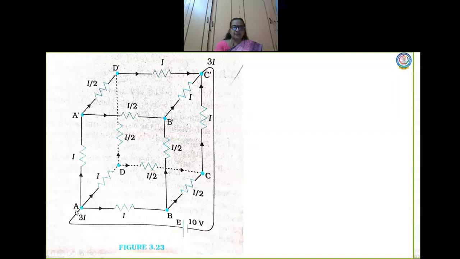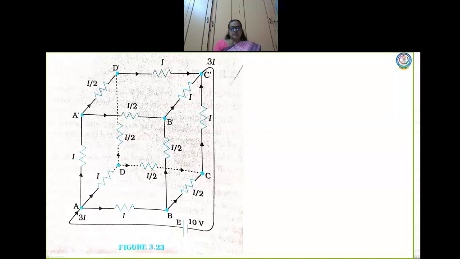The loop starts from A, goes to B, then goes to C, then goes to C dash, comes down to E, and then once again to A.